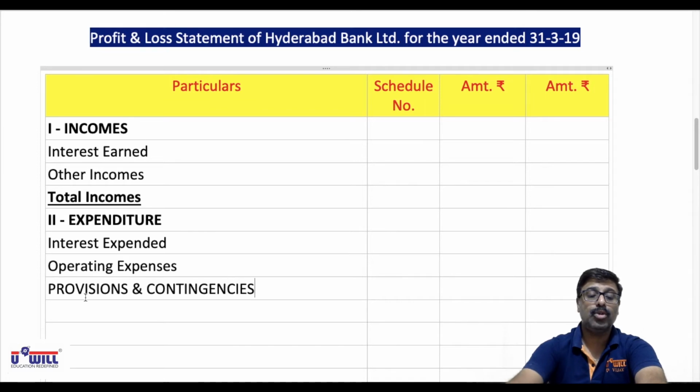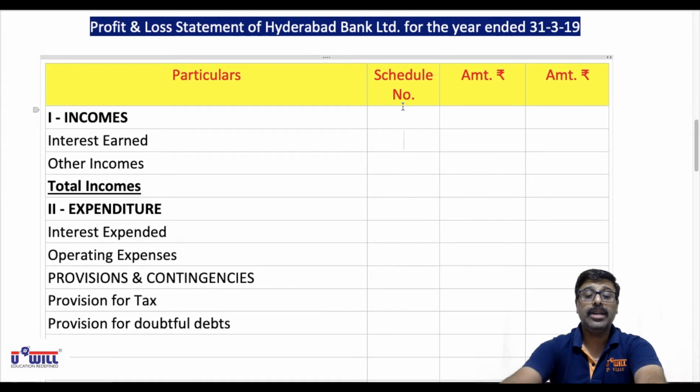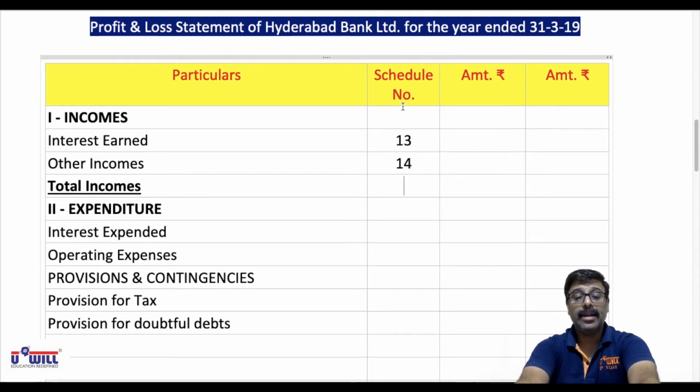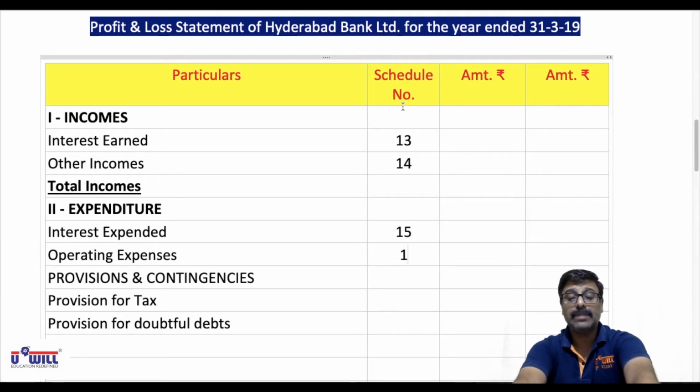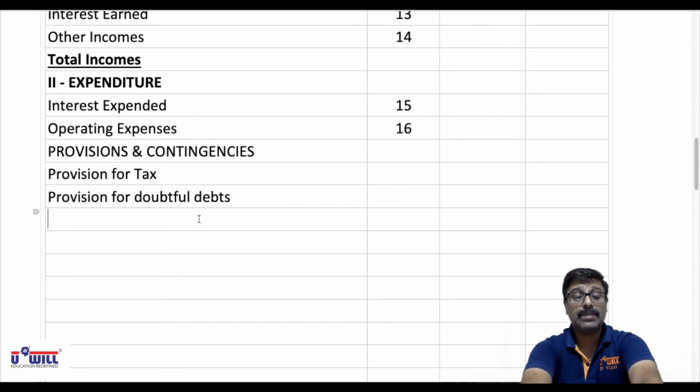Within that we will show 2 provisions, provision for tax and provision for doubtful debts. That is what we are going to find in the working notes. Now interest earned is schedule number 13, other incomes is 14, interest expended 15 and operating expenses 16. Then after expenditure, we will have total expenses.